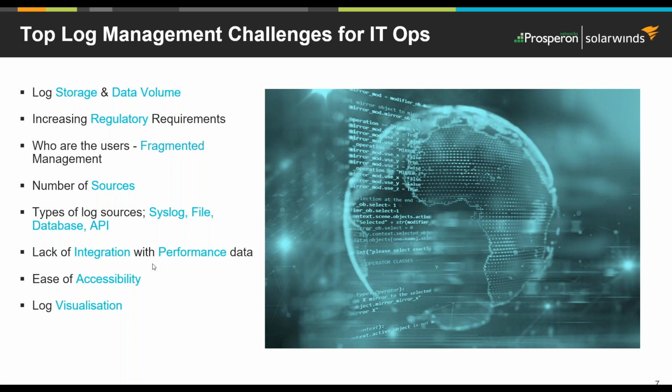Now, what we're going to be looking at in more detail today during the demo is the fact that a lot of the solutions historically have not worked with monitoring data, the Orion platform, for many reasons. It's been kept as a separate solution. So when you look at issues, maybe an interface going down, BGP neighbor changes, fan issues, that data may be being polled.